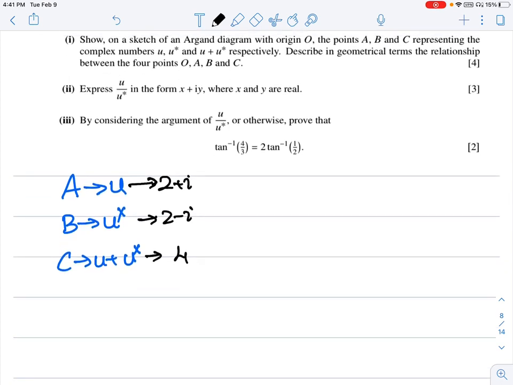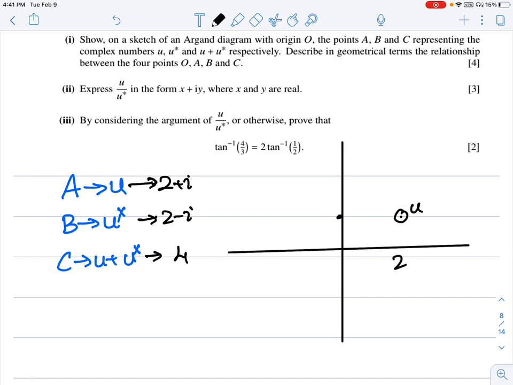So let me draw an Argand diagram. 2 plus i, this is u, that's A. 2 minus i, this may be B. And 4, maybe it is C. 2 plus i means 2 comma 1. 2 minus i means 2 comma minus 1. 4 means 4 comma 0.